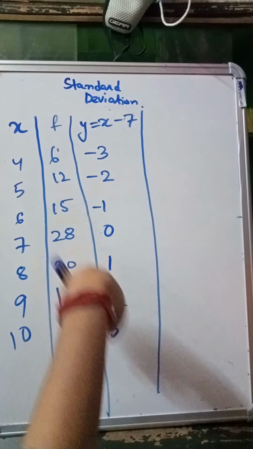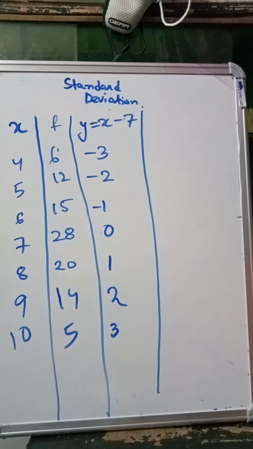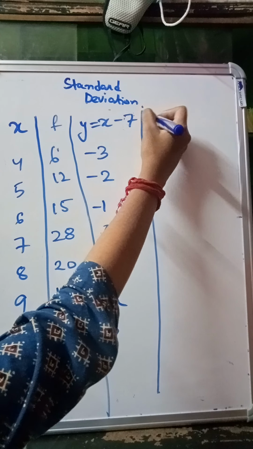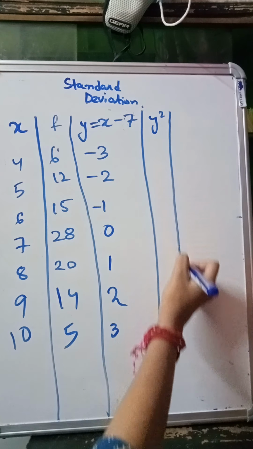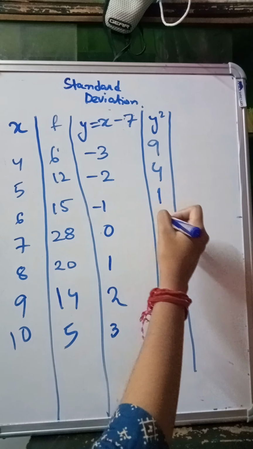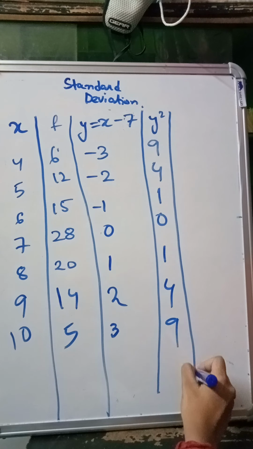Now you can see the variables have become way smaller, right? So if I take the squares of these, this will be 9, this is 4, this is 1, this is 0, this is 1, this is 4, this is 9, right?